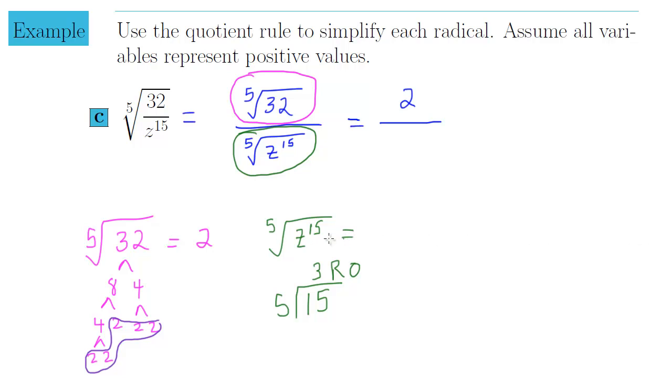Okay, so the 5th root of z to the 15th actually breaks down into z cubed. So up here in our fraction, we're going to replace this 5th root with z cubed. And that's it. We've simplified as much as we can. The 5th root of 32 over z to the 15th breaks down into 2 over z cubed.